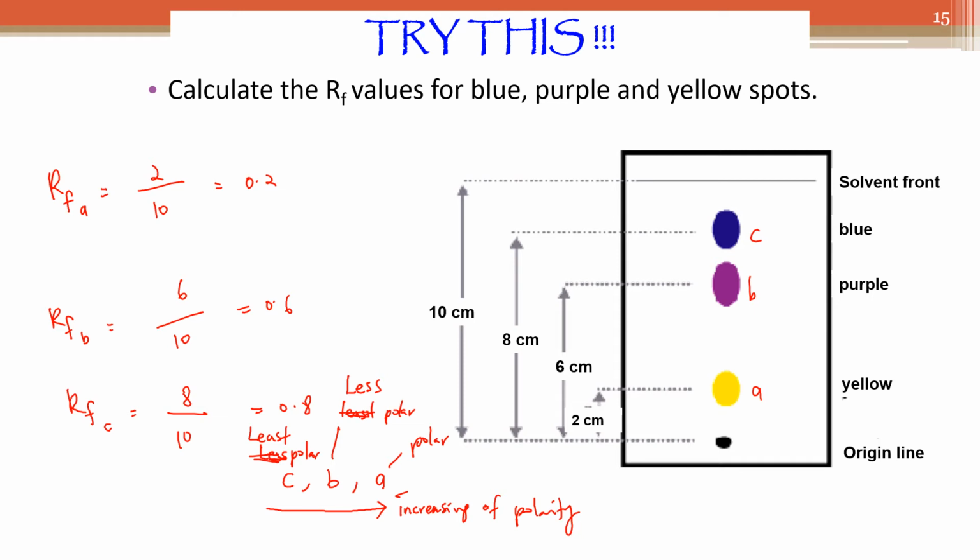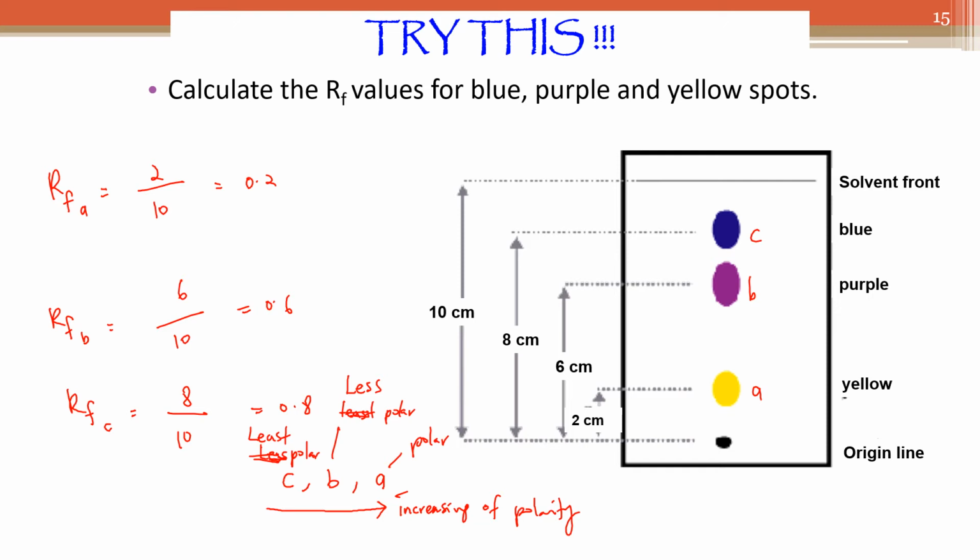Okay, I give you this example, and then I have already listed the solution for RFA, RFB, RFC. So when you calculate the RF for A, B, and C, you will have 0.2, 0.6, and 0.8.